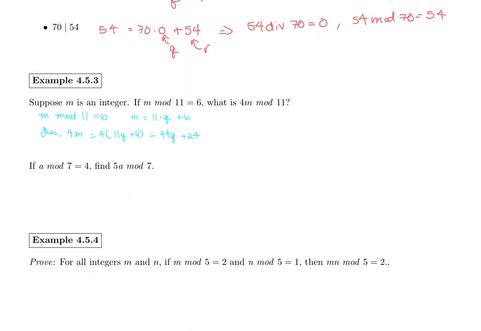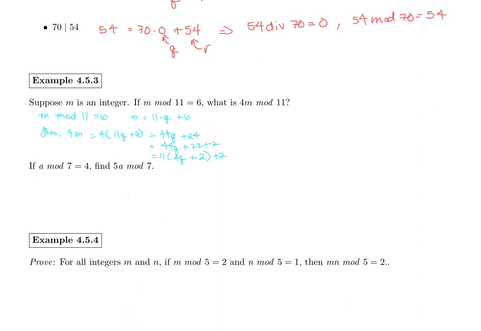But now we want to find mod 11 of that. So what we need to do is figure out how much of this I can pull out in 11. Well, I can rewrite this as 44q plus 22 plus 2 to make this 11 times 4q plus 2, and then plus 2.